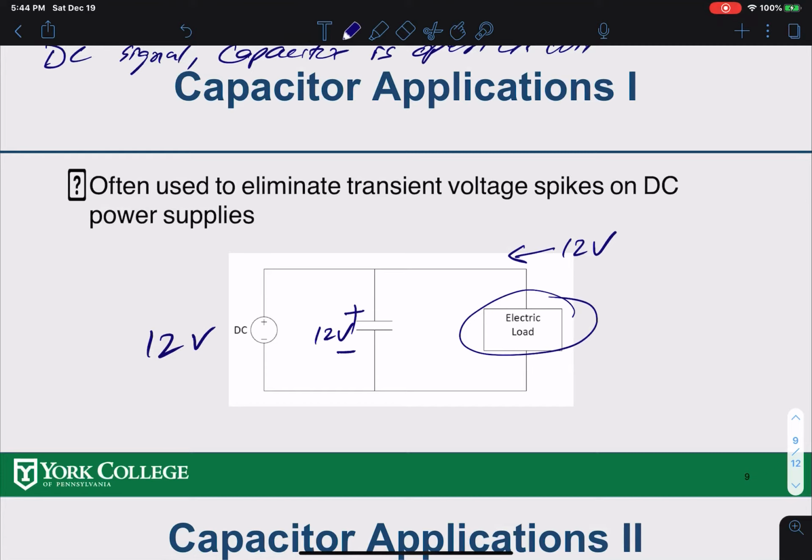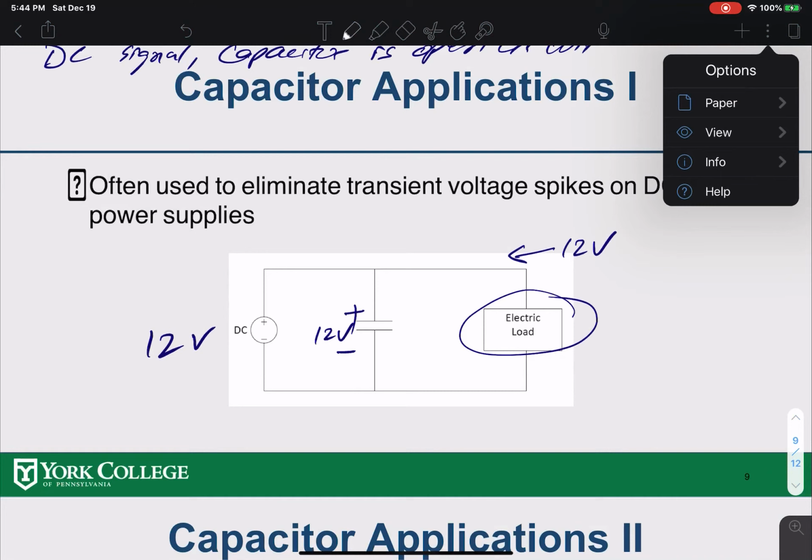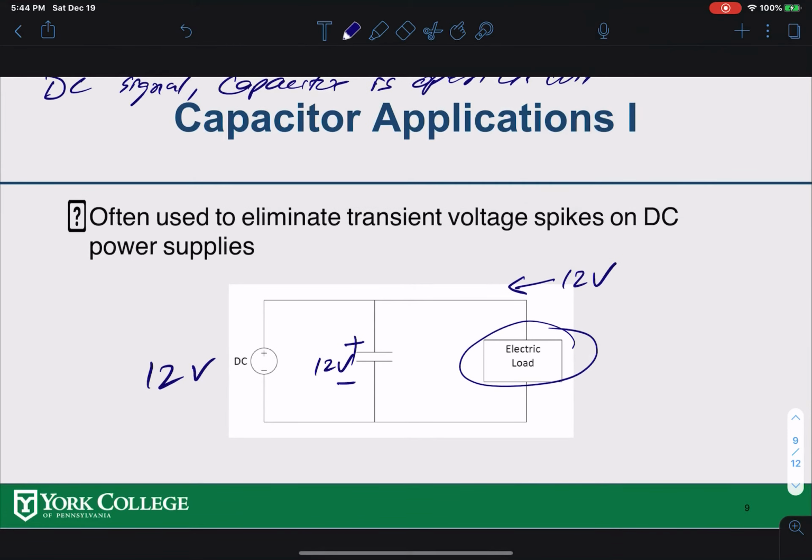In your car, if you are driving on a bumpy road, the shock absorber absorbs the shock. Here, your capacitor will absorb the voltage changes, and then your load will not feel that much change. Let's say the voltage averages 12 volts but has some bumpy road; over here the load may feel a little bit of bumpiness, but it's very close to 12 volts.